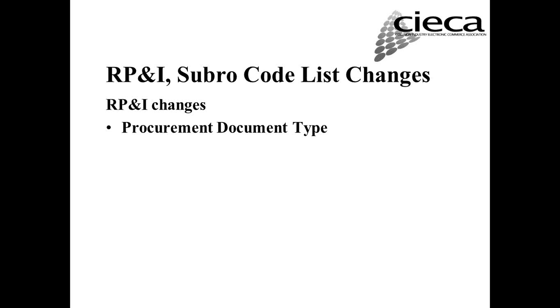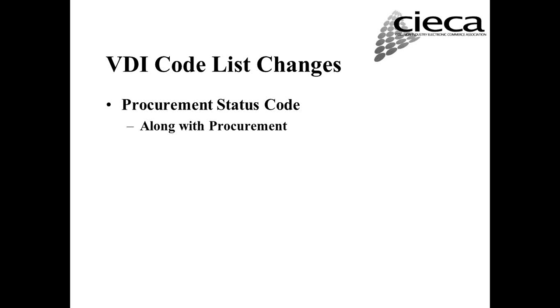Subrogation, for their part, added 2 new lines of business codes for surety and bond and commercial general liability. They also added a line of business to the request type code list to expand the type of status request made to the demanding parties. Recycled parts and inventory updated the payer type used in invoicing and remittance messages.